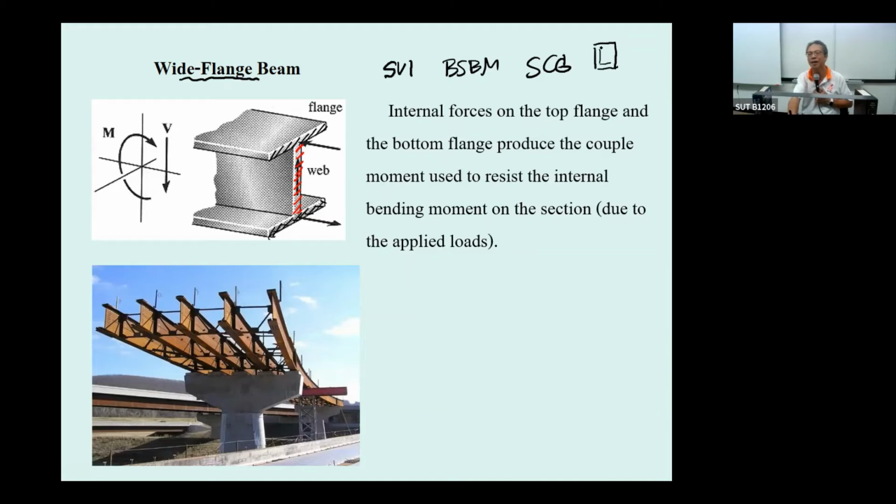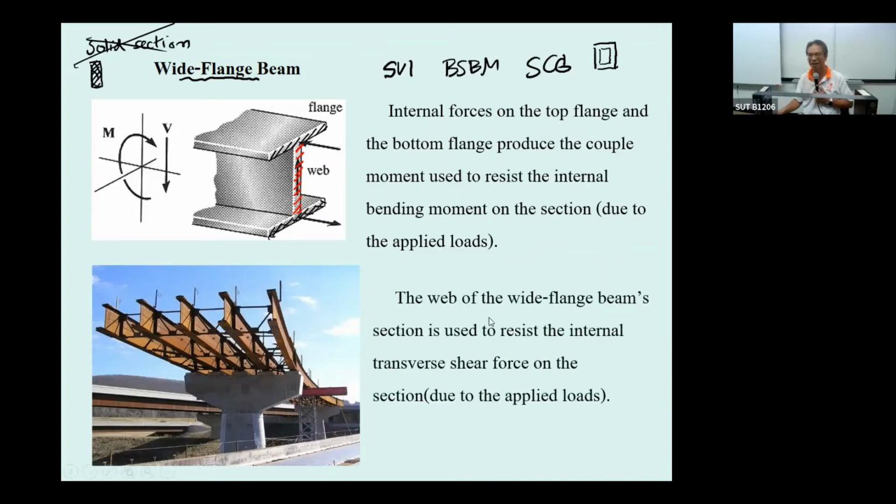Okay, there are many kinds of structural steel, but most of the time you will see we will not use the solid section. Most of the time we use this kind of hollow section or this kind of I and W section. Okay, you can read what I'm explaining from the words here, and this is the example of the I section.